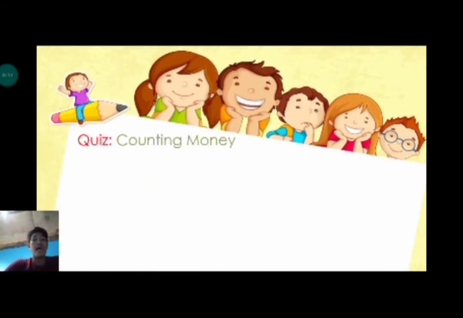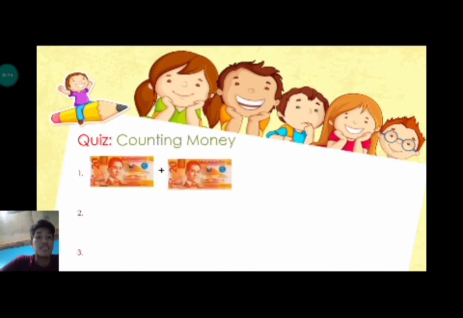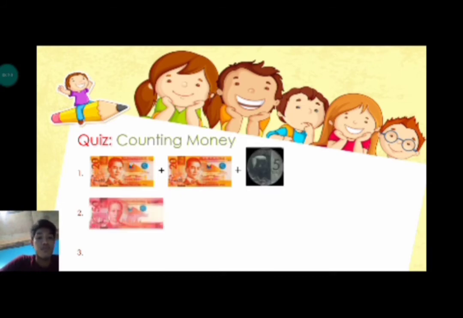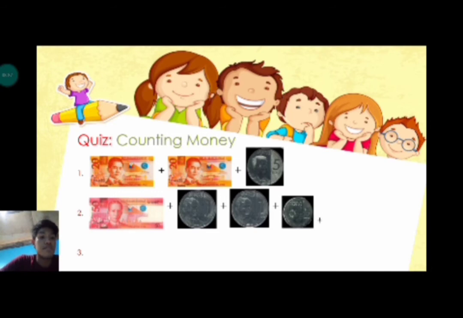Let's have a short quiz. It's all about counting money. Number 1 is 20 plus 20 plus 20 plus 5. Number 2 is 50 plus 1 peso plus 1 peso plus 5 centavos plus 1 centavo.